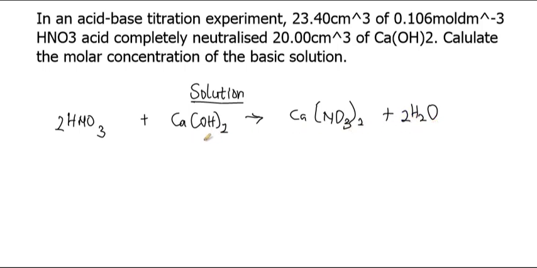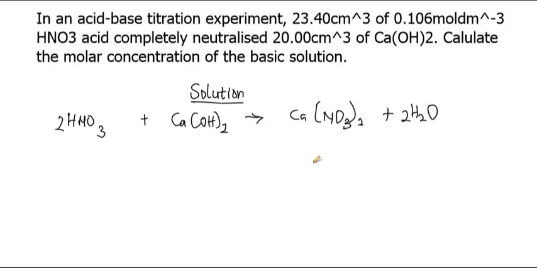So the oxygen atom is now balanced. Let's move to hydrogen. Hydrogen here is 2, then we have 2 here, that makes it 4. So here we have 2 times 2, 4 as well. For nitrogen, we have 2 atoms of nitrogen present in the reactant side. In the product side, 2 times 1, 2, we have 2 as well. We've checked oxygen earlier, oxygen is balanced. So we can say we have a balanced chemical equation.